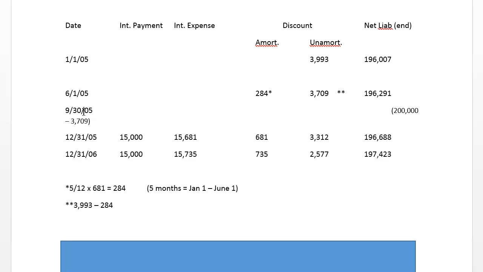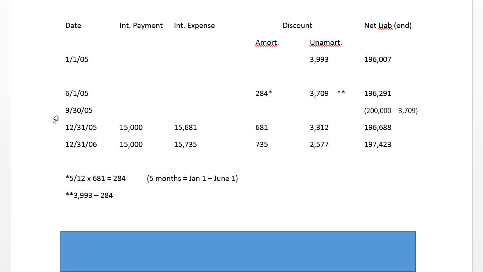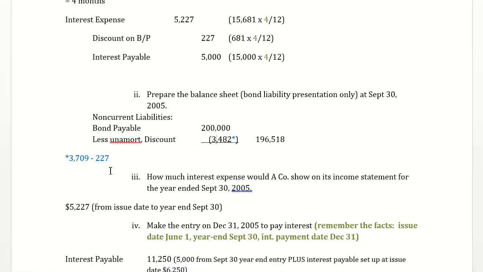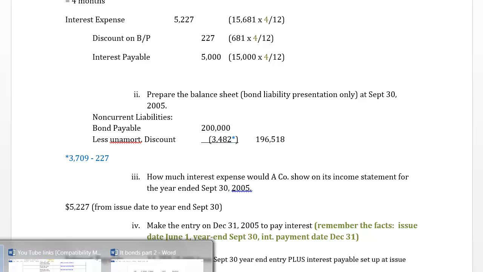Because that's our year end, how much would we have amortized from June 1 to September 30th of that 681? We amortized $284 from January to June. How much would we amortize from June to September? So if we now go back to the problem, it says we would amortize $227, which we calculated here for the 4-month period.